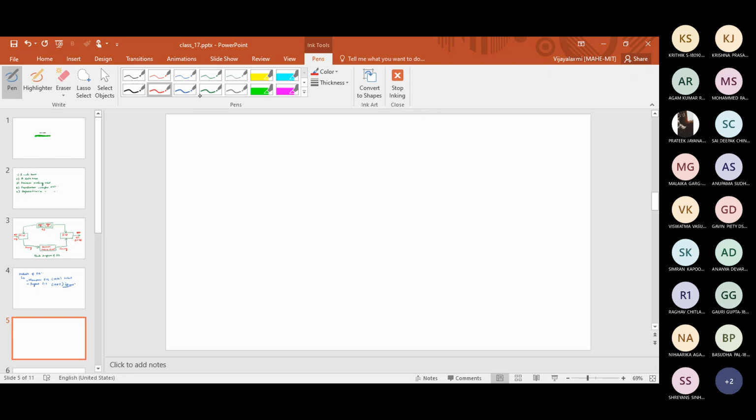So I'll write it here: design a fuzzy logic controller to determine the wash time of a domestic washing machine.